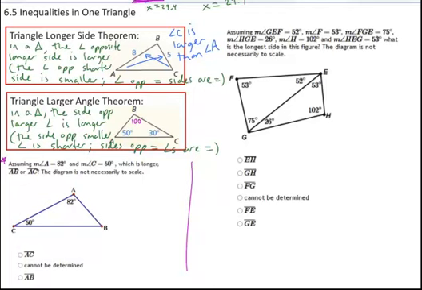And so if you were solving for this, you would be able to see that the shortest side would be AB, the next shortest side, or the middle length side, would be BC, and then the longest side is opposite the 100, which is AC. And so you can actually conclude the whole comparison between all 3 sides using this property.